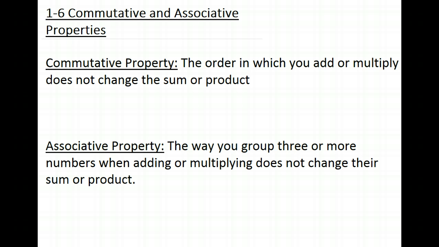So if we have something like 5 plus 6, that is the same thing as 6 plus 5. Because 5 plus 6 equals 11, and 6 plus 5 also equals 11.